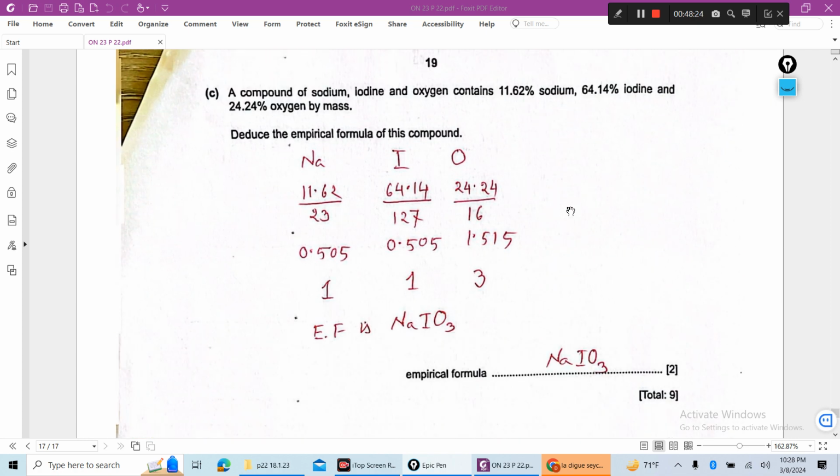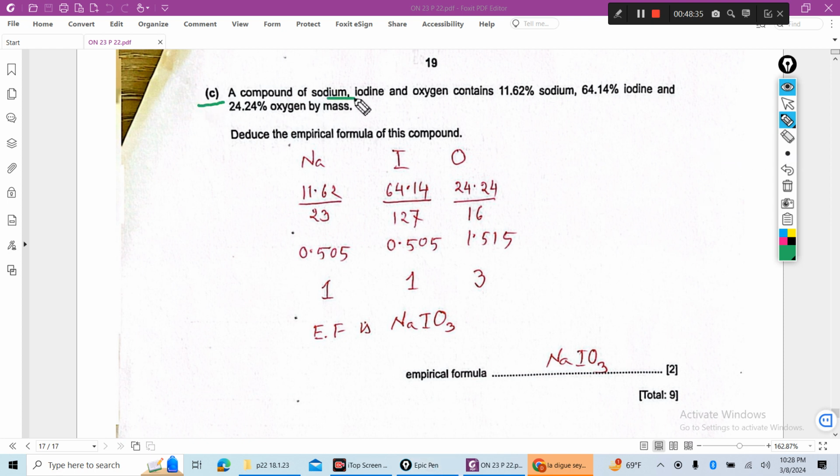Now a compound of sodium, iodine and oxygen contains 11.62% sodium, 64.14% iodine and 24.24% oxygen by mass.